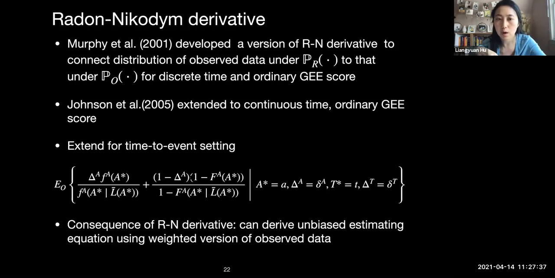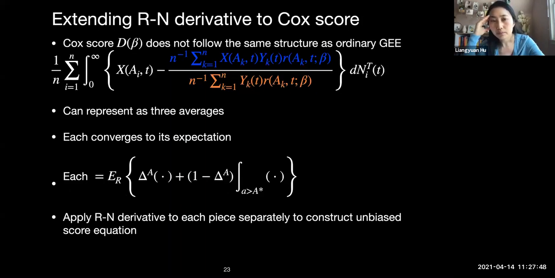The reason why we wanted to do that is because then we can use it to derive some unbiased estimating equation using some weighted version of the observed data. Applying the Radon-Nikodym derivative to the Cox score is a little bit more complex than applying it to the GEE score, but essentially notice that the Cox score can be represented as three averages: the one in blue, the one in orange, and the entire whole average.